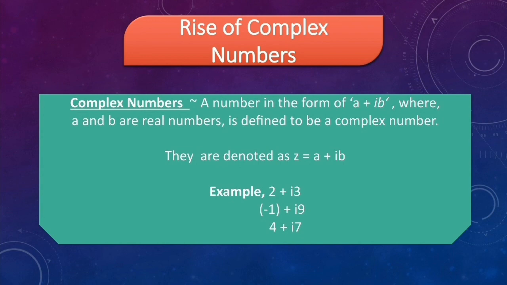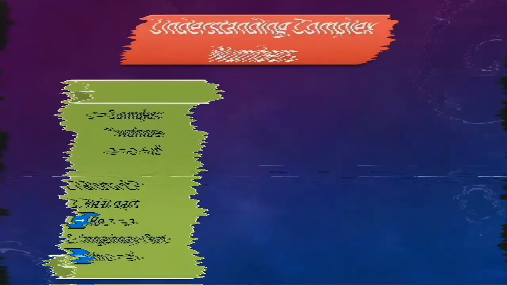That means any number which includes iota is called a complex number. A complex number is often denoted by Z. Some examples on your screen are 2 plus 3 iota, minus 1 plus 9 iota and 4 plus 7 iota.